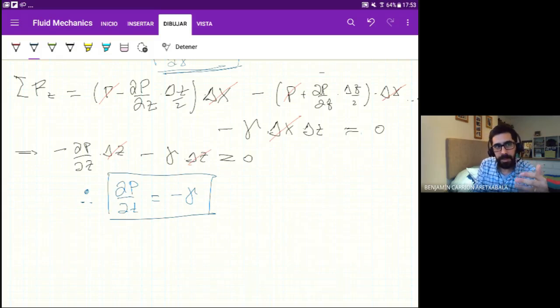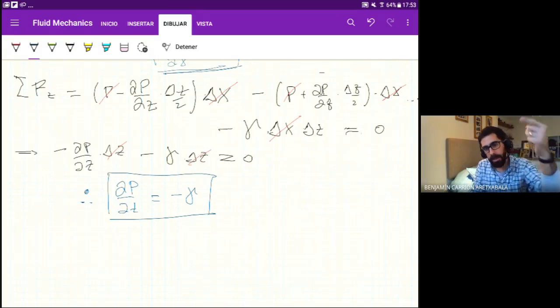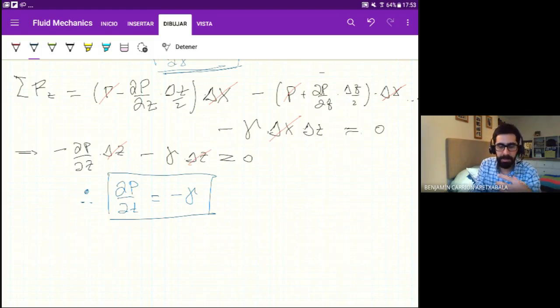Look at the minus. This is telling you that the pressure is decreasing upwards, meaning that it is increasing downwards. So if you go down, your pressure is higher. And how much higher? It only depends on gamma, which is a measure of the weight of the water. So if you're 1 meter below the surface, the pressure is equal to the weight of that meter of water. So this is the hydrostatic law.